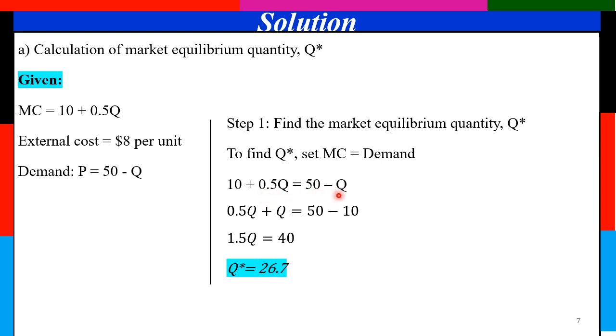In similar fashion, collect like terms, variable on one side and the number on the other side. 0.5 plus Q means 1.5 Q is equal to 50 minus 10, which is 40. Solve for Q, divide both sides by 1.5. Then what can you get?